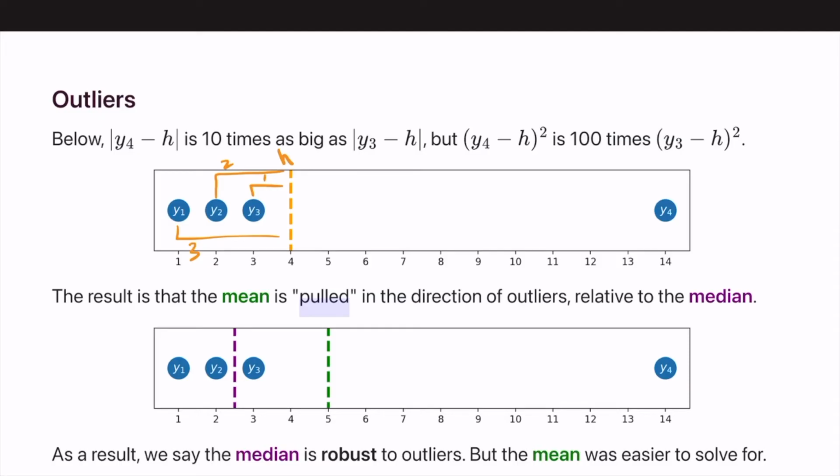Not very difficult. What about Y14? Well, Y14 is 10 units away from it. So if we're using the mean absolute error, this is in effect our total loss. We'd sum up the 10, the 2, the 1, and the 3.